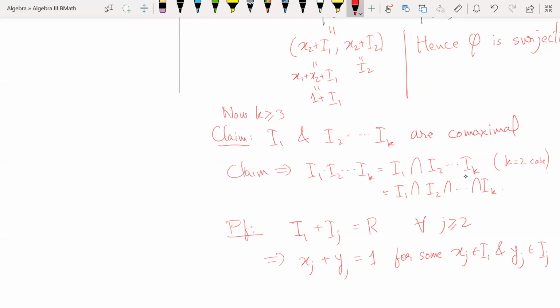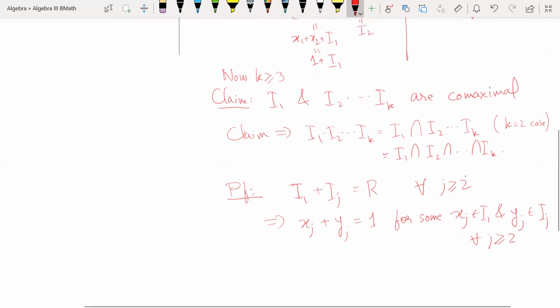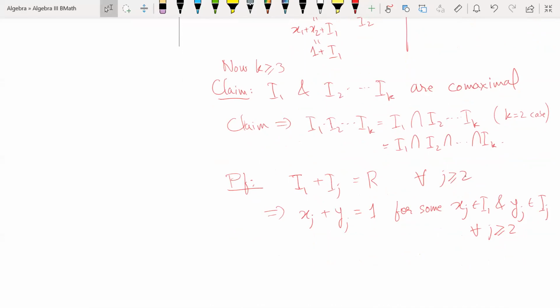So this is what we get, and for each j, for all j from 2 up to k, we can do this. We want to show that I1 and the product of I2 to Ik are co-maximal. So what can we do?